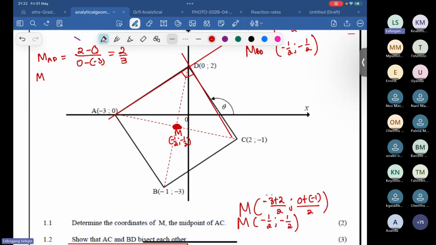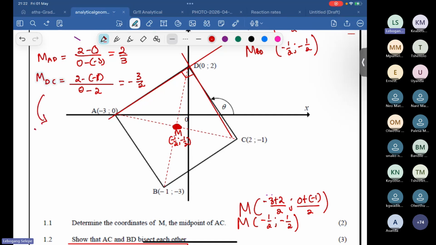Now the gradient of DC, what is it going to be? Negative 3/2. So let's substitute the y values. It's going to be 2 minus negative 1 over 0 minus 2, which gives us negative 3 over 2, right?